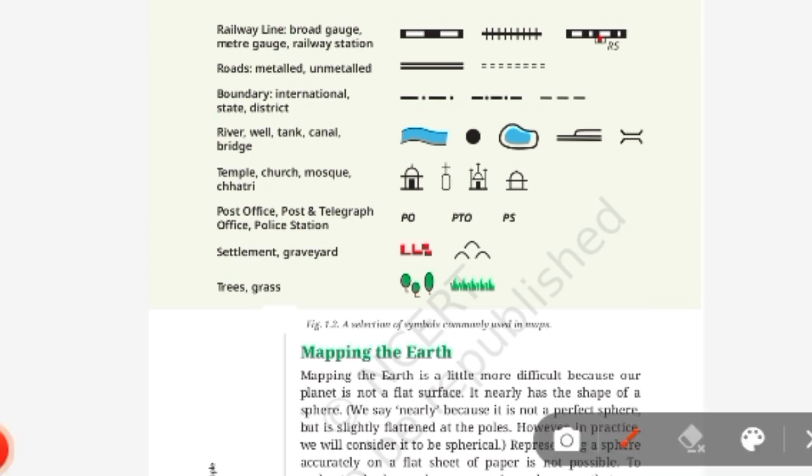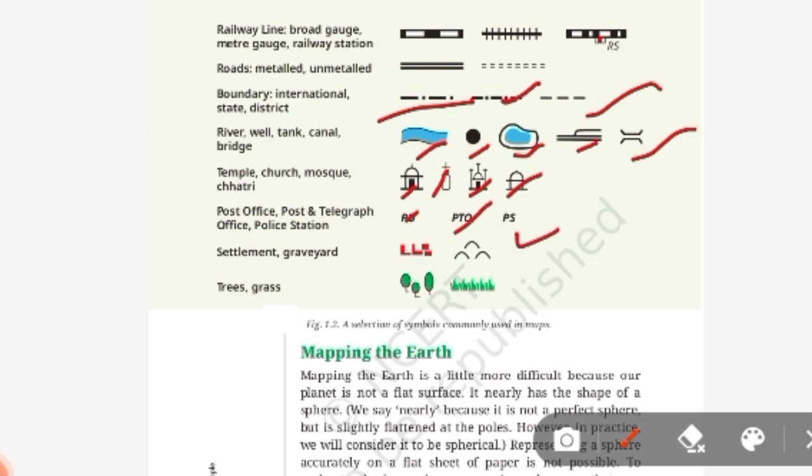So this is for the international, this is for the state, and this is for the district boundary. This is river, then well, tank, canal, and bridge. Temple, church, mosque, chhatri. This is post office, post and telegraph office, police station. Then this is settlement, this is graveyard, these are trees, and this is grass.